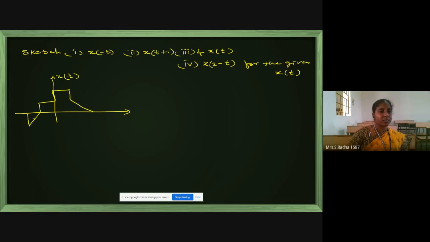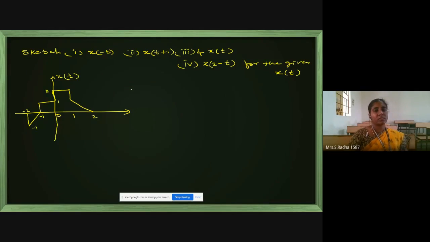This is the diagram. This is minus 2, minus 1, 0, and on the right side plus 1, plus 2. Here the height is 1 and 2, and on the negative side the height is minus 1.